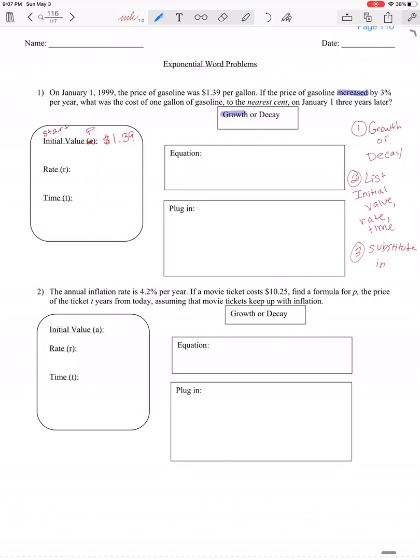If the price of gasoline increased by 3% per year, so here's your rate, the 3%. But remember, R is your rate as a decimal, so you must convert it to a decimal. Whenever you see that percent sign, here's my decimal at the end of my 3. If you have a whole number, it's going to be to the right of it.